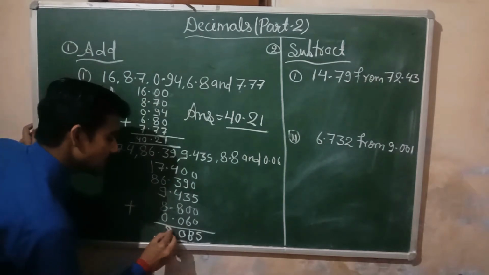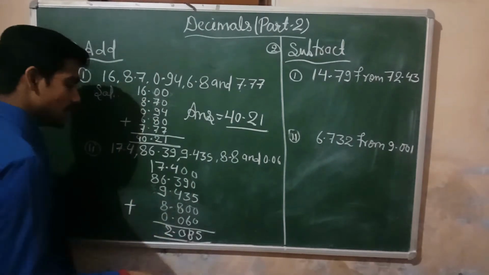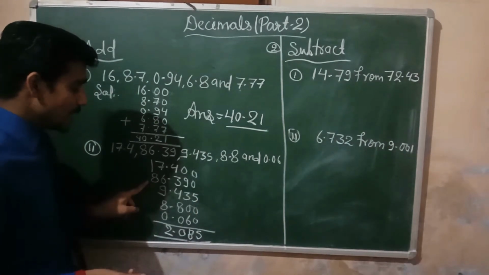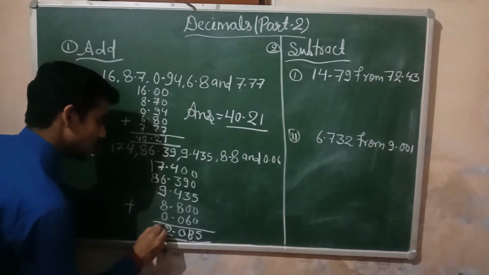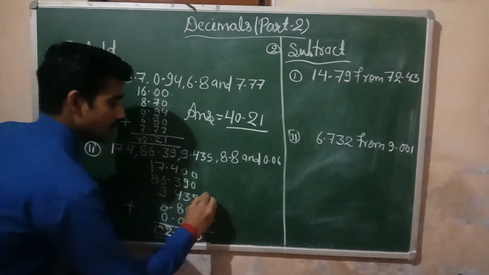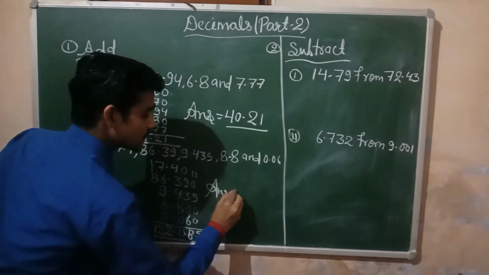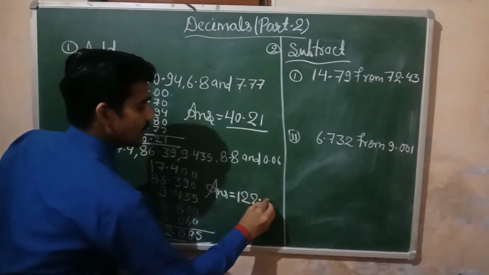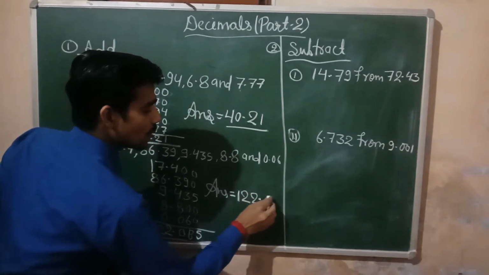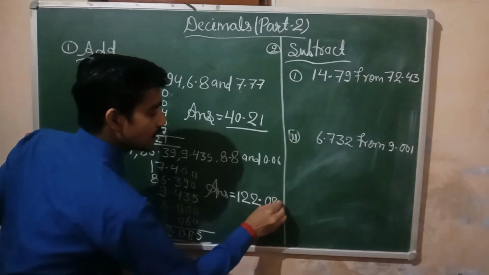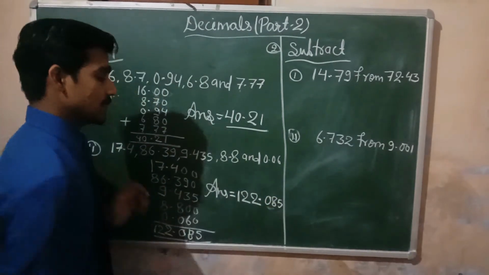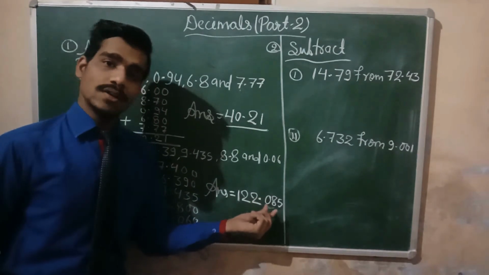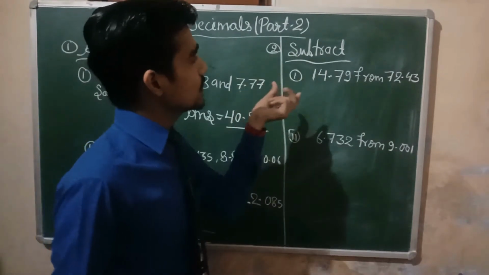You will write 2, carry 3. 8 plus 1 is 9, 9 plus 3 is 12. You will write it. This is your answer. Clear? 122.085. Clear students?